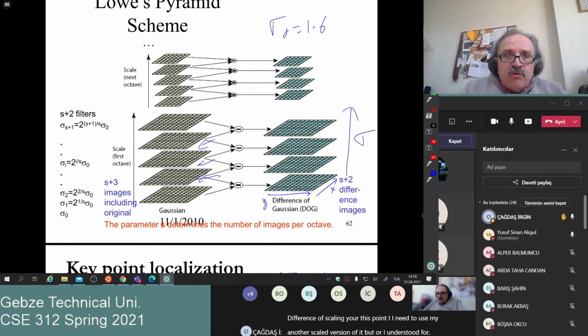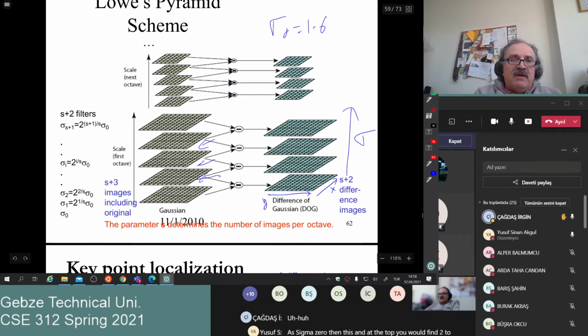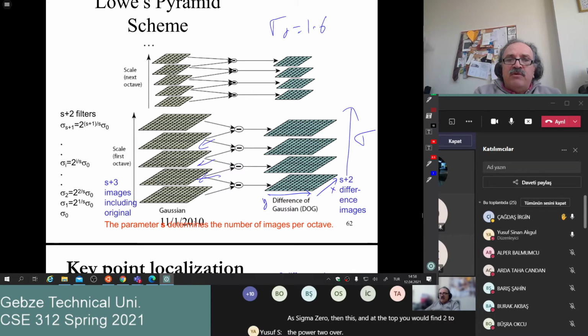Well, if you are talking about the octaves, I have a number of octaves, 1, 2, 3. Depending on your experiments, which one is better. Usually you use 2 or 3. But if you are referring to the Gaussian parameters of these images, this is the formula. You start with sigma 0 for your first image, then you apply sigma 0 times 2 to the power 1 over s, and at the top you would find 2 to the power 2 over s times sigma 0.